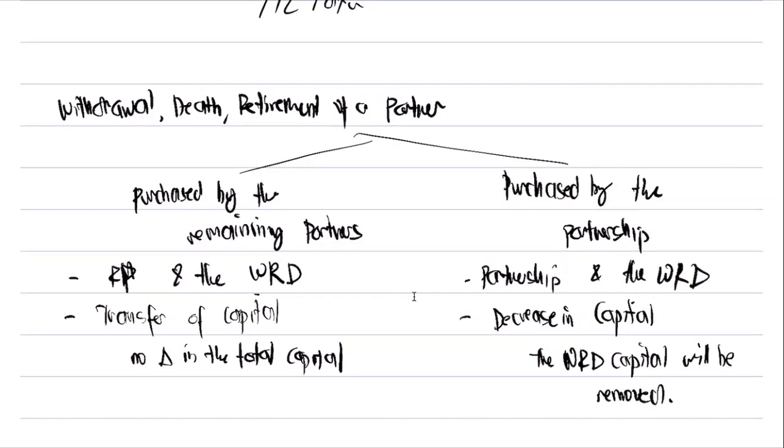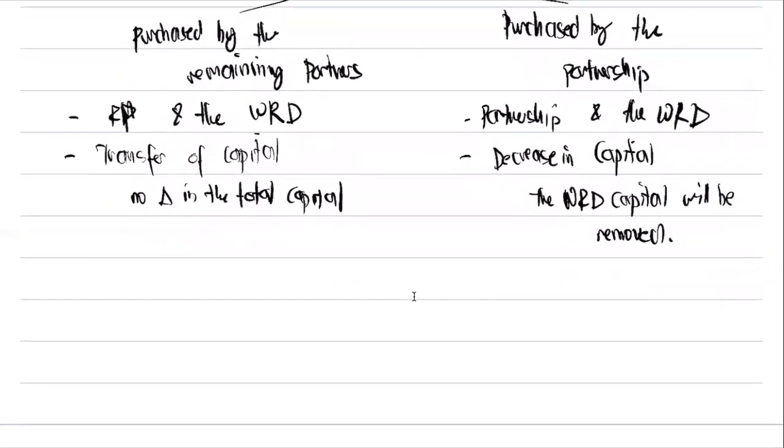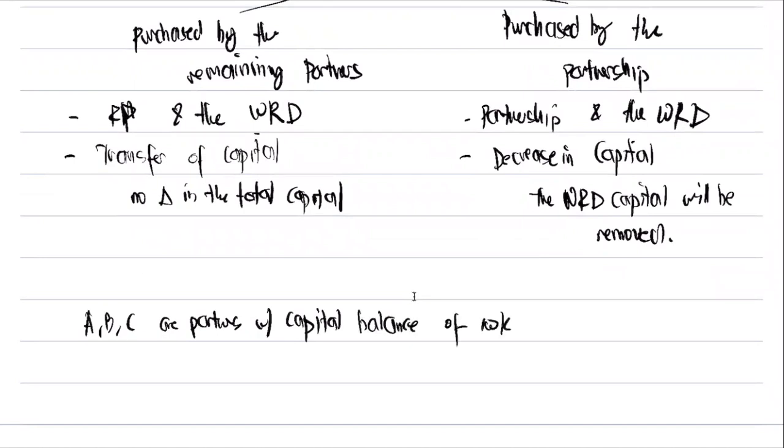Okay, so let's first start with your purchase by the remaining partners. So A, B, and C are partners with capital balances of 100,000, 200,000, and 300,000 respectively.